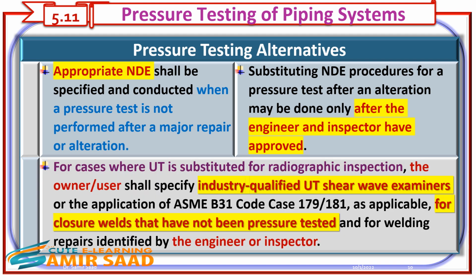For cases where UT is substituted for radiographic inspection, the user shall specify industry-qualified UT shear wave examiners, or the application of ASME B31 Code Cases 179-181, as applicable, for closure welds that have not been pressure tested, and for welding repairs identified by the engineer or inspector.